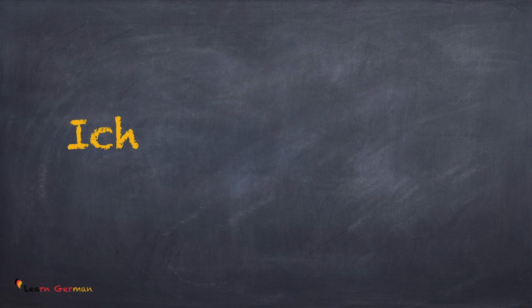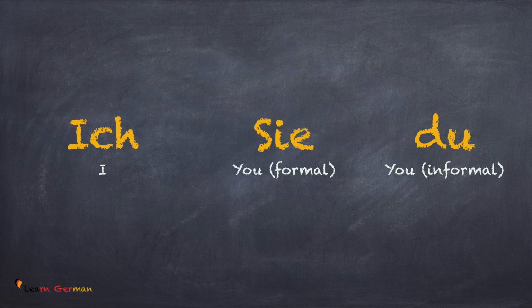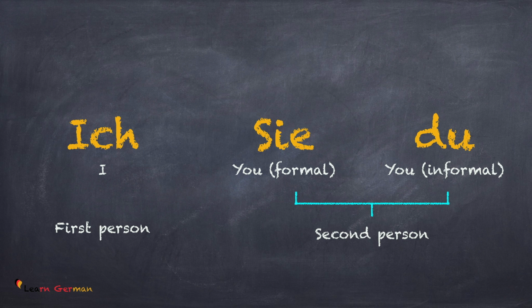Let's pick up these three pronouns and analyze them. If I'm talking about myself, ich is the pronoun for first person, whereas sie and du would be the second person. The pronouns sie and du were already discussed in Lesson 7.